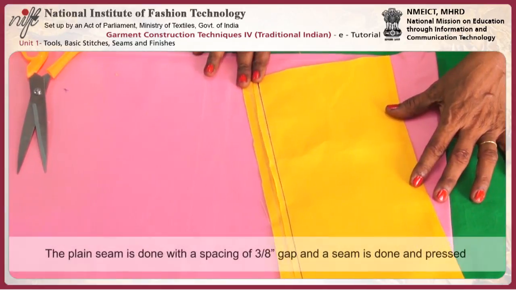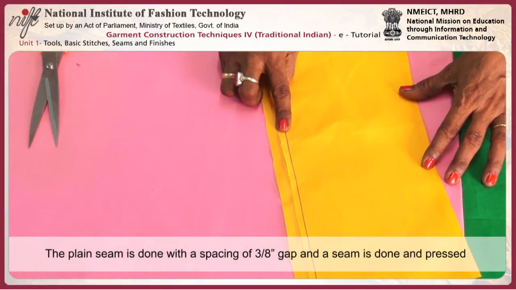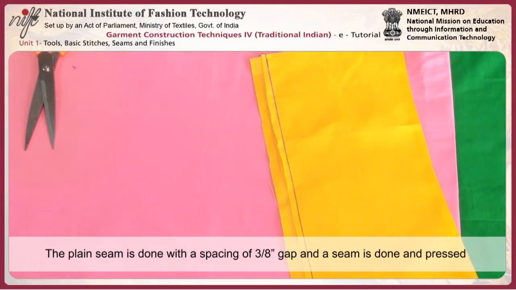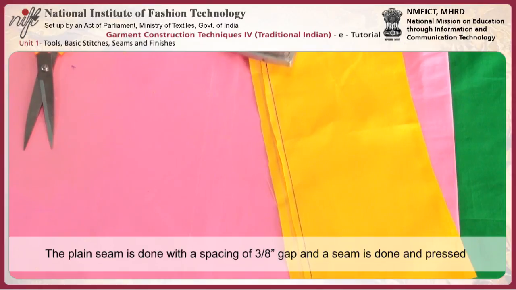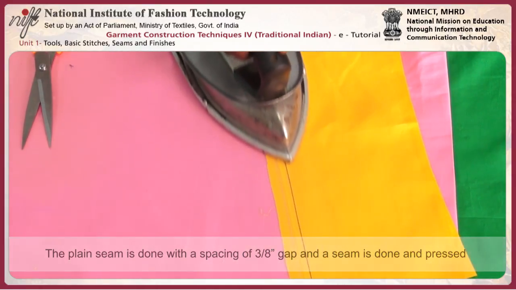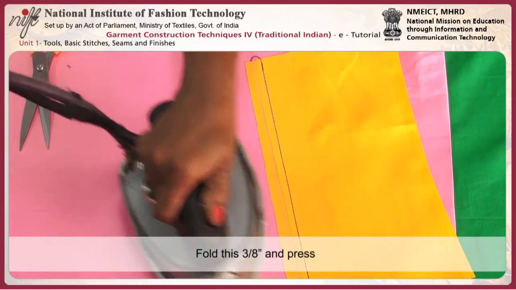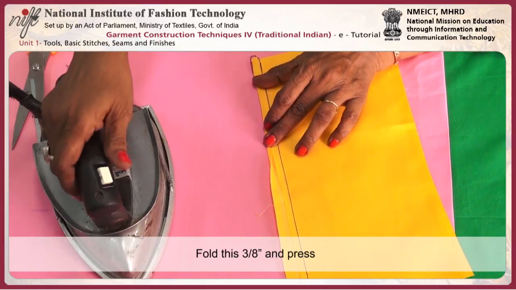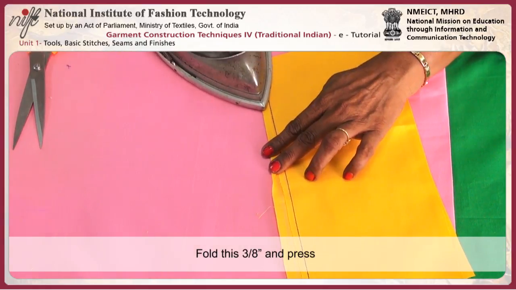The plain seam is done with a spacing of 3/8 of an inch gap, and the seam is done, and press the seam. Then fold this 3/8 of an inch and do the pressing.